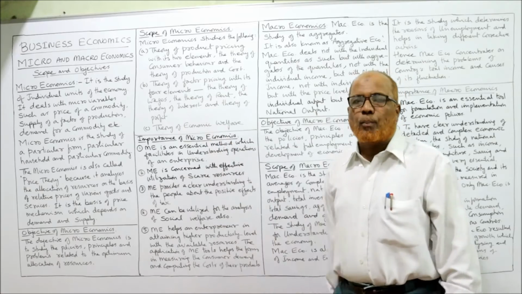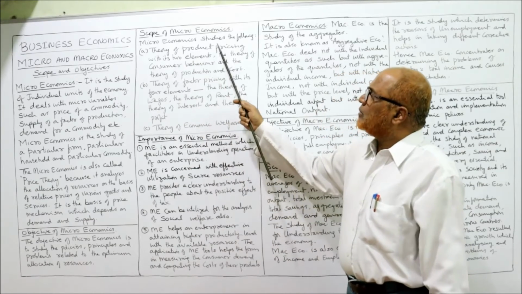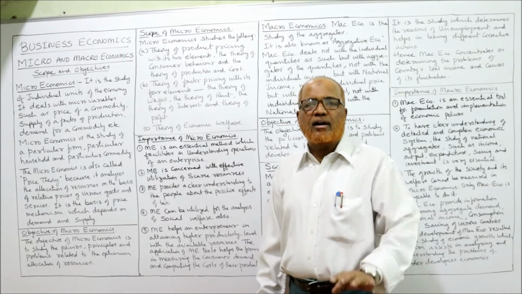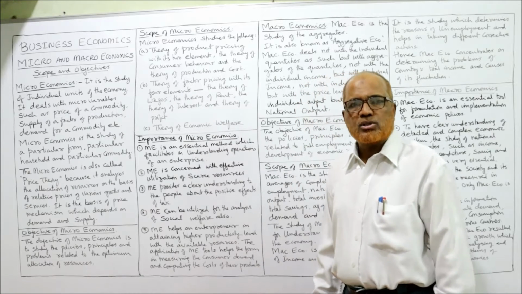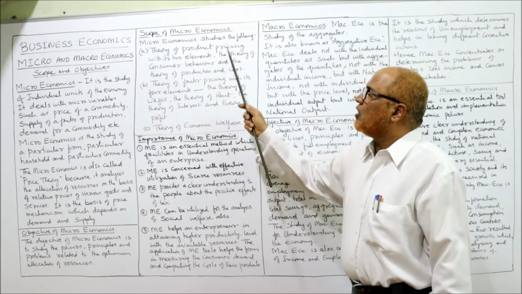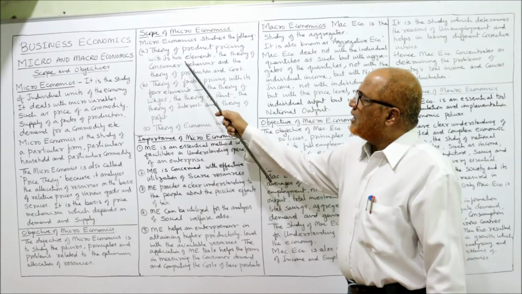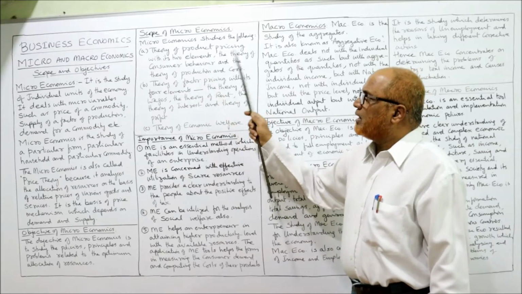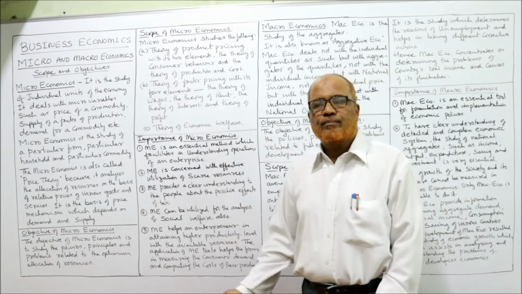Now come to scope. The scope of microeconomics studies the following. Three points are covered under microeconomics. The first is the theory of product pricing, with its two elements: the theory of consumer behavior and the theory of production cost.